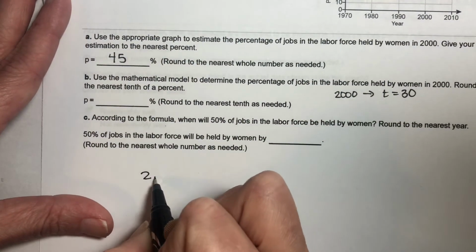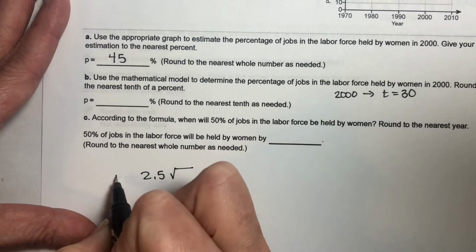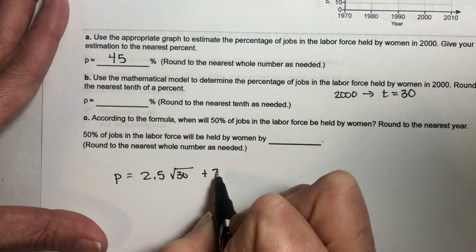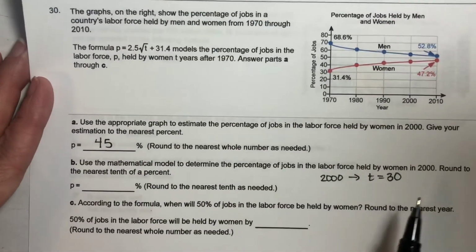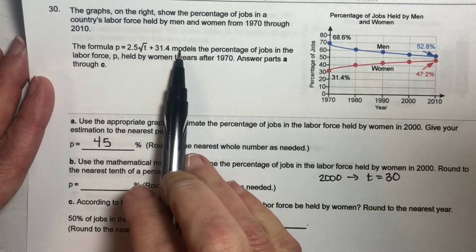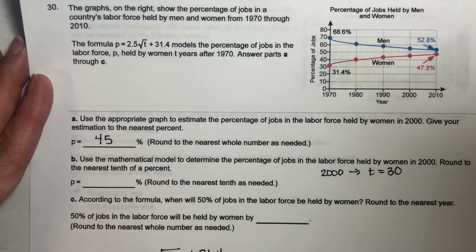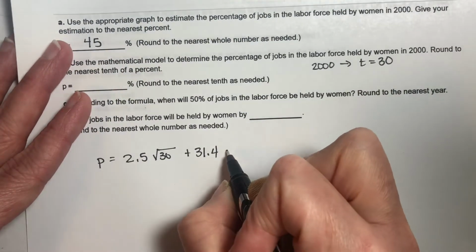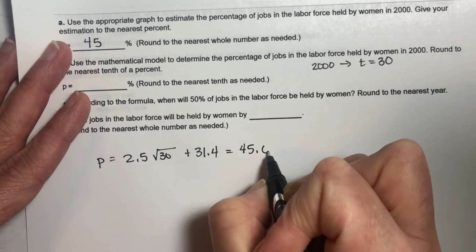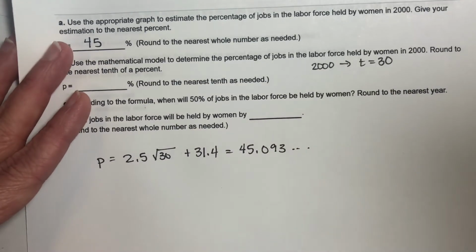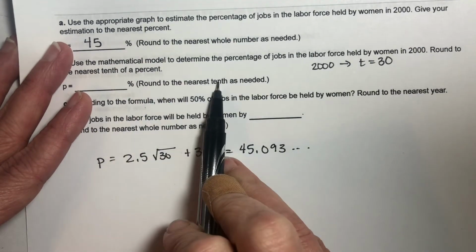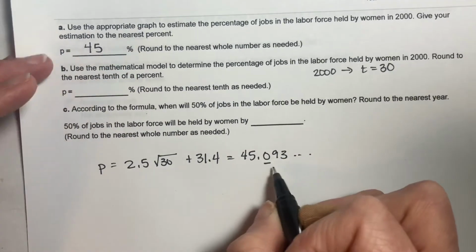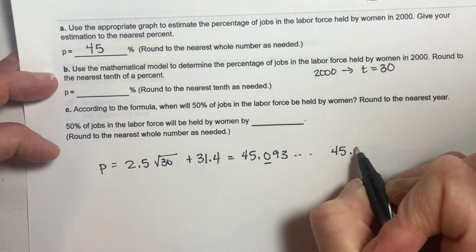I get 2.5 times the square root of 30 plus 31.4. And all I've done is I've taken this T equal 30 and plugged it into the formula we were given here. Okay? If you plug this into your calculator and get an approximation, you will get 45.093 and it continues. We are asked to round to the nearest 10th. Well, that would be the first decimal place, and that's a 9, so that goes up. So the answer they're looking for right here is 45.1%.